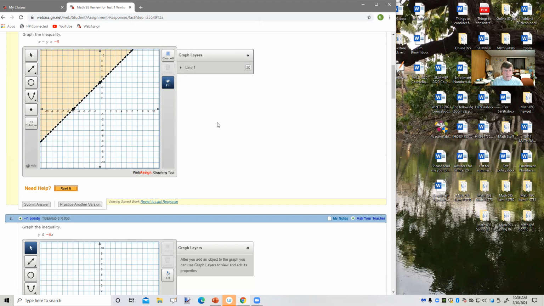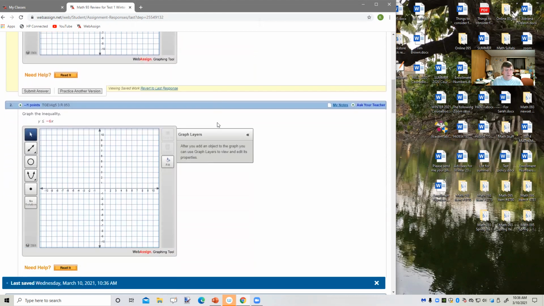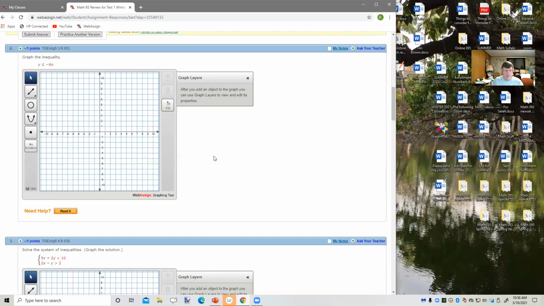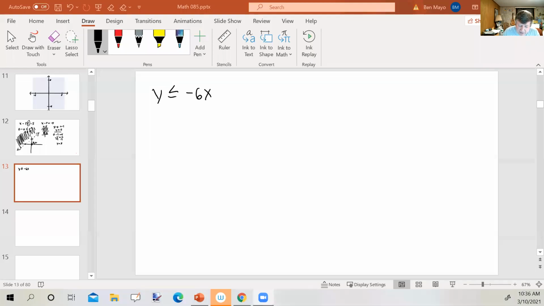No. Okay, let's do another one. This one, I'm going to use slope-intercept form on it. All right, so I have the inequality y less than or equal to -6x. And we'll go back to my whiteboard. This is already in slope-intercept form. So y equals mx plus b.